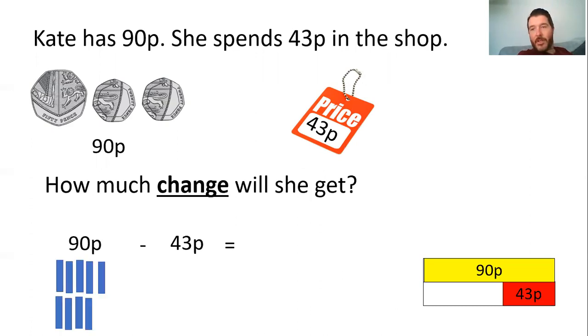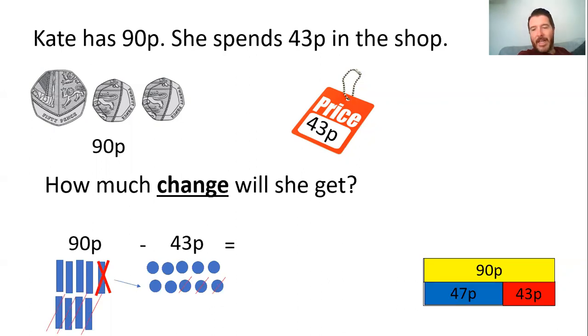We can use 10s and 1s to calculate the answer. This time, though, remember when we take away, we only draw the total, so 90. Well, I can't take away 3 from 90, so I'm going to have to exchange 1 ten for 10 ones. Then I can take away my 3. Then I take away my 40. And that leaves me with 47p. Okay?